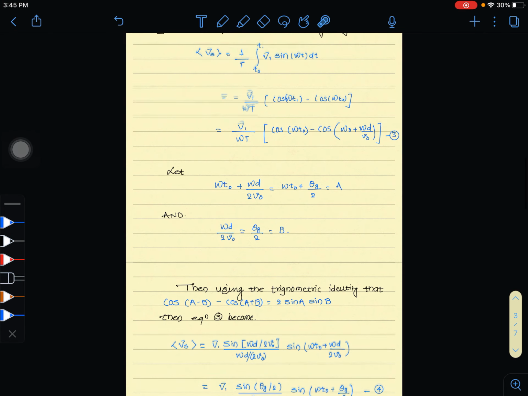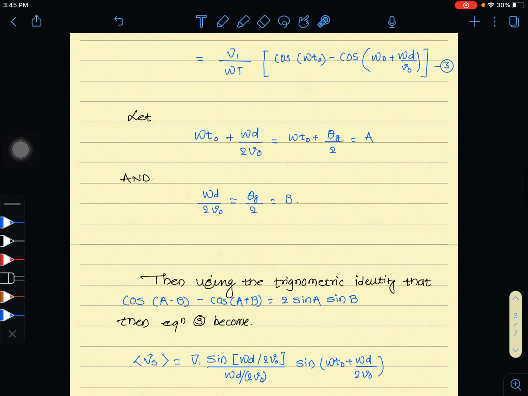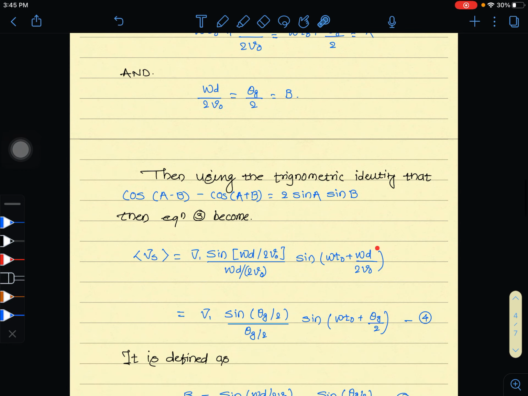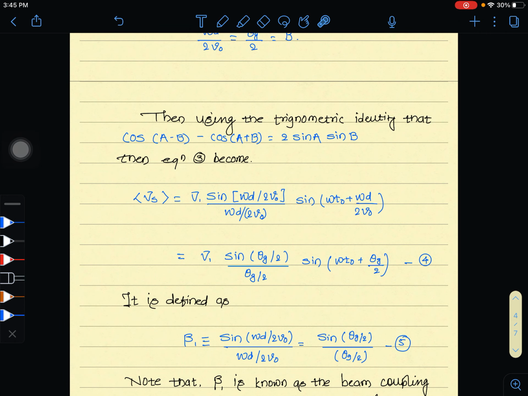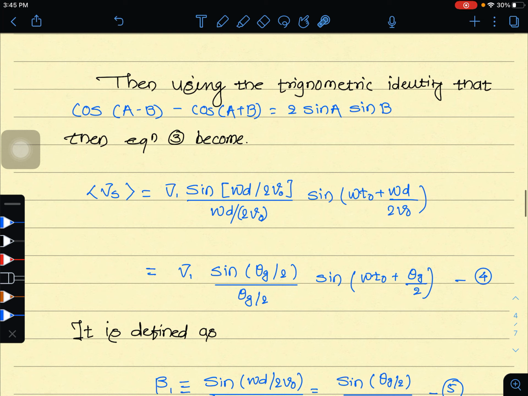Now look at these equations, which we write with this sine A, sine B, and we find omega d by v0 and omega d by twice v0. So guys, it is not a different equation; this is the same equation with the trigonometric identity.